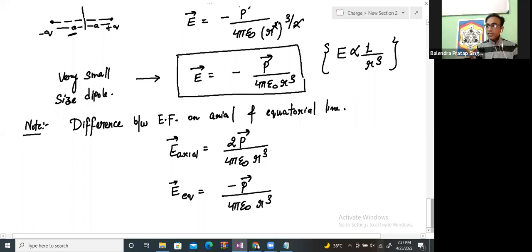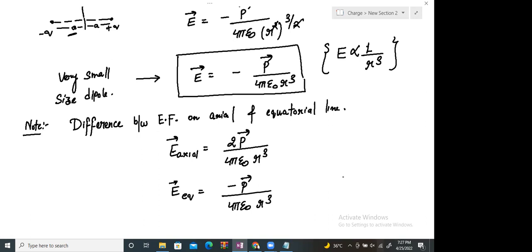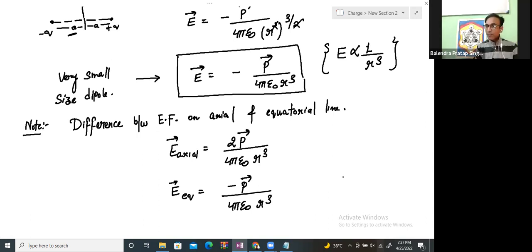So here you can see the two differences. Saifullah, can you tell me what is the first difference you can find from these two expressions? Axial is twice of equatorial. Yeah, it's twice of equatorial. If we talk about magnitude, the magnitude of electric field at axial line is equal to twice the magnitude of electric field at equatorial line.